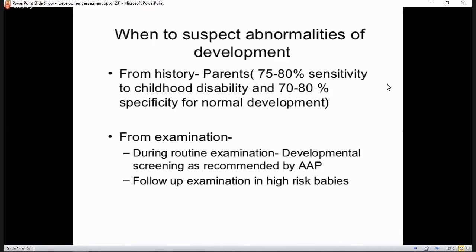So one has to always check for hearing in these patients. And of course, the disease by itself, like meningitis, encephalitis, or any CNS insult, can cause damage to the eighth nerve that can cause deafness.